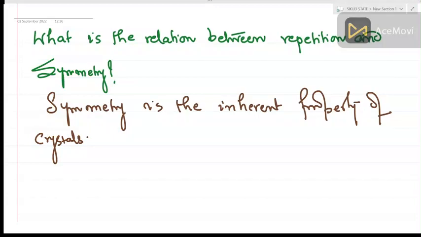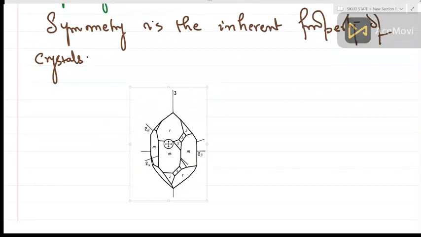So what is symmetry? Let me explain with the help of a diagram. This is a quartz crystal, and I will discuss it in the next section. What is seen here is that if you do a rotation about this axis 3 by angle theta of 120 degrees, what we see after rotation is the same as before rotation.